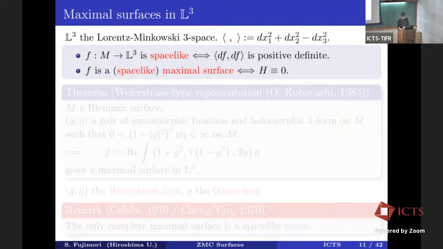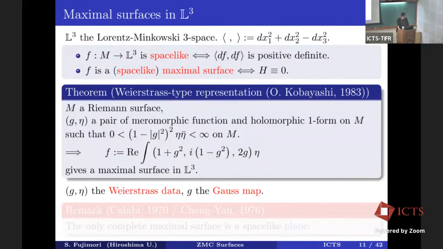Again, L3 is the Lorentz-Minkowski 3-space with this inner product, an indefinite metric, but a non-degenerate symmetric bilinear form. And F is spacelike if the induced metric is positive definite. F is called a spacelike maximal surface if the mean curvature vanishes identically.